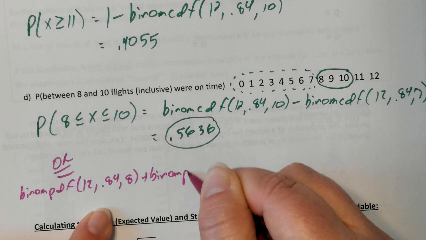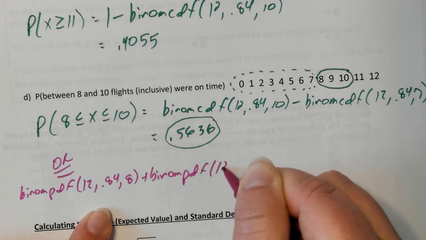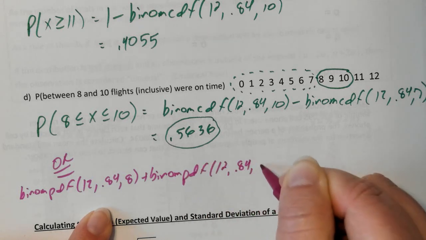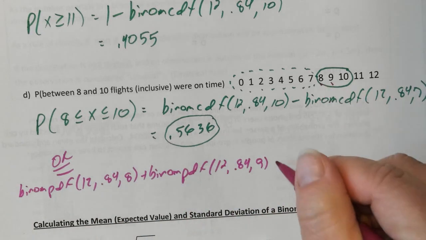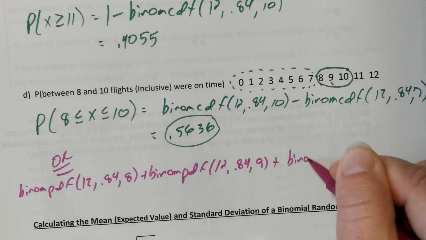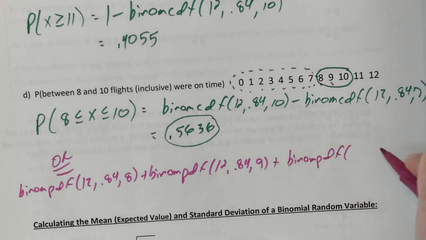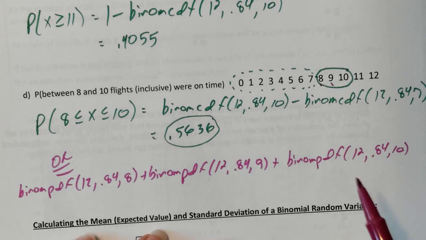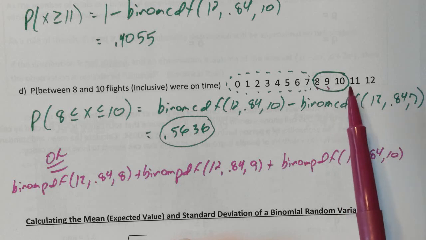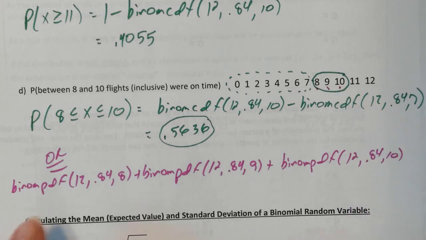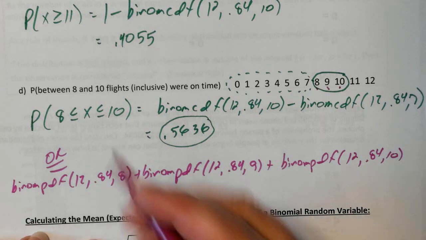Plus binom PDF 12.84, 9. That will give me the probability of exactly 9. Plus binom PDF of 12.84, 10. In other words, get the probability of exactly 8, get the probability of exactly 9, get the probability of exactly 10, and add those 3 values together.